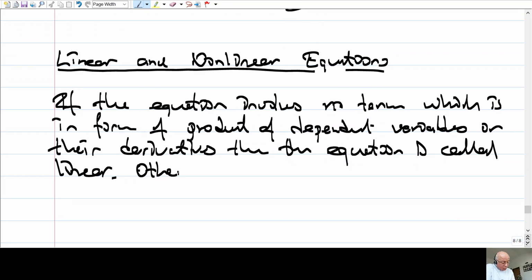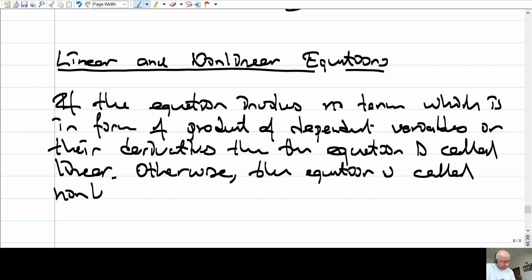Otherwise, if there are terms which involve a product of dependent variables or their derivatives, so a dependent variable is multiplied with the derivative of itself or some other dependent variable, then we call the equation nonlinear.